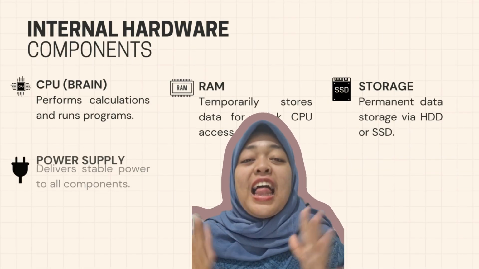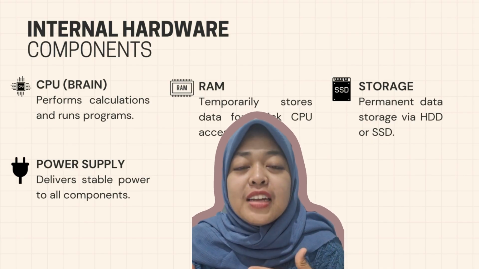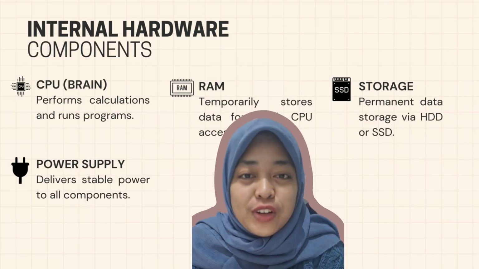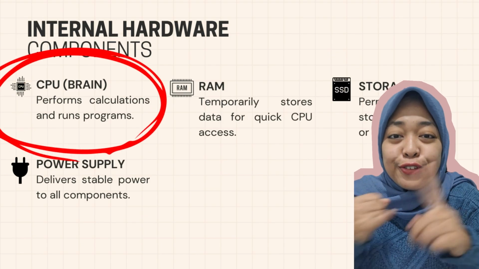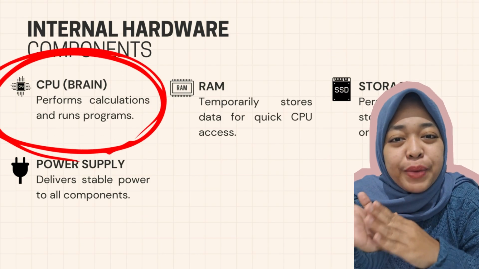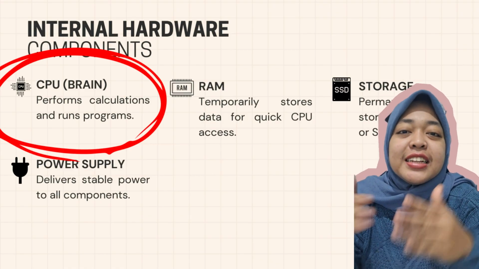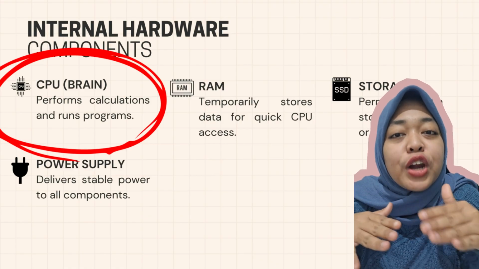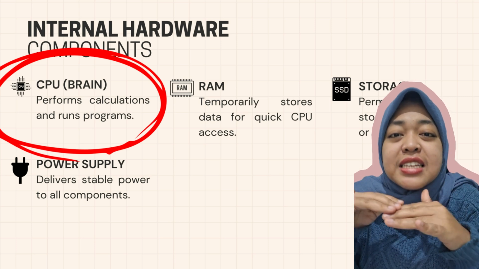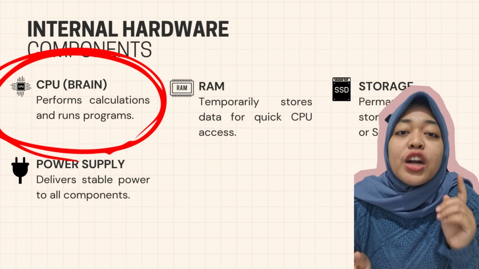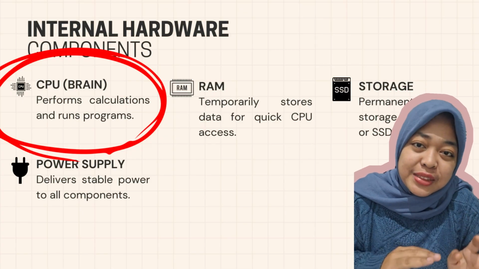In this slide, let's talk about the main internal components of a computer. First, the CPU. The CPU acts as the brain of the computer. It handles calculations and runs programs to keep things running smoothly whenever you click or open something.